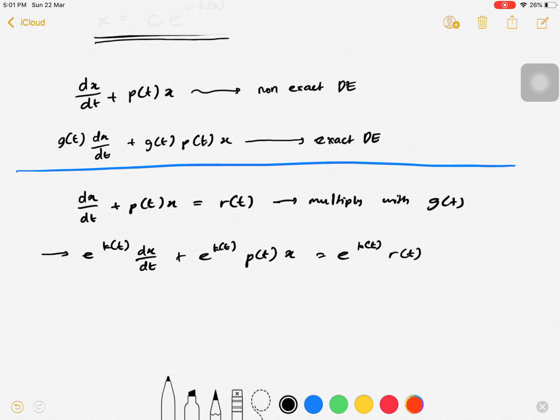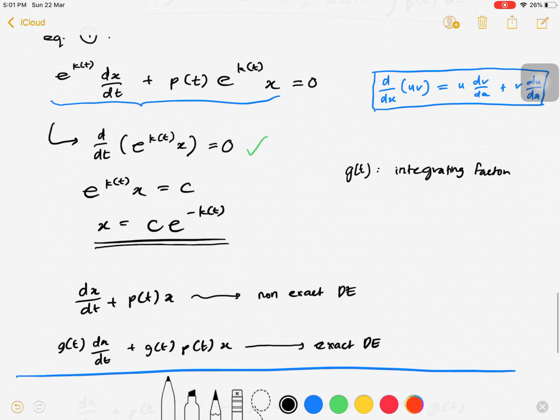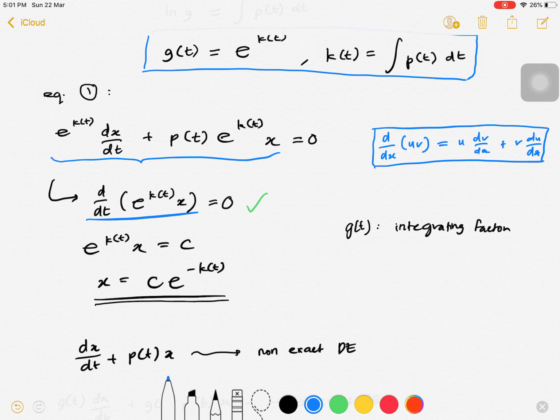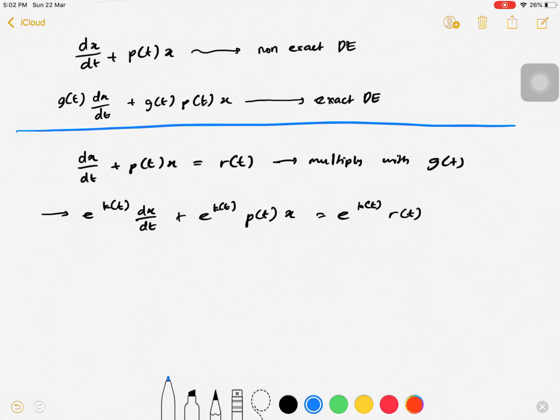And again, since we know the short form, this one, we just replace this form with this form. Okay, so the answer can be simplified. d/dt of e^(kt) x.